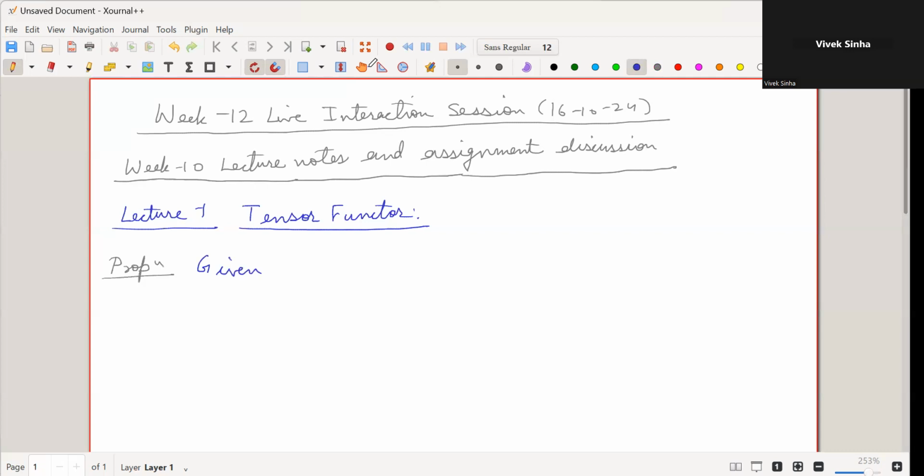Given R linear maps. Here let R be a ring. We have already seen the definition of R linear map. There are two R linear maps, from modules M to M dash, and N to N dash.